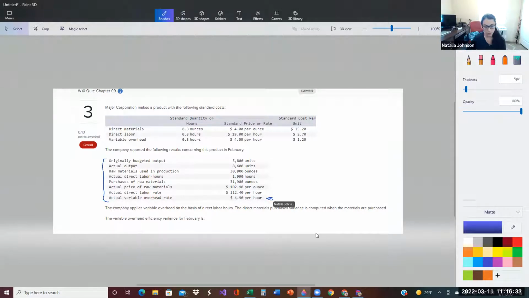The actual variable overhead rate was $4.90 per hour. The variable overhead is based on direct labor hours, so we will need the labor hours too. So this one, actual direct labor hours. Well, we will need the units again for the standard hours, standard quantity, 5,800.